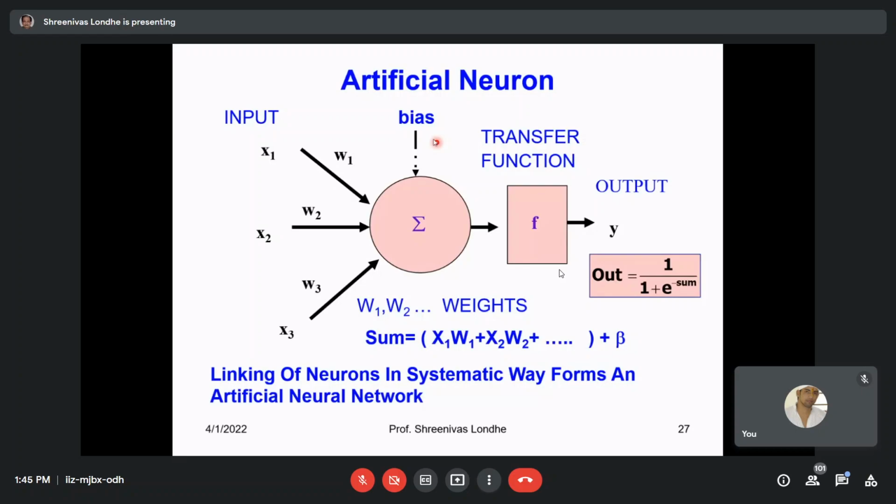It passes through some transfer function f, and we receive the output y, the required output in a required fashion. So this transfer function plays an important role here. We are never giving a particular equation to that. Output is received from this transfer function, and that can be in the form of 1 upon 1 plus e raised to minus sum.